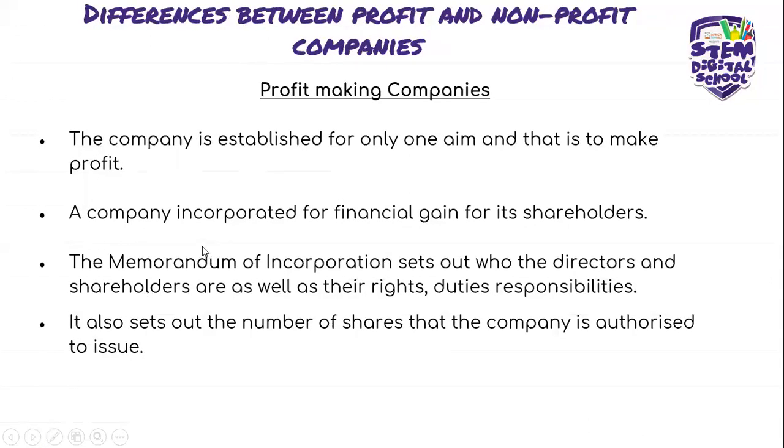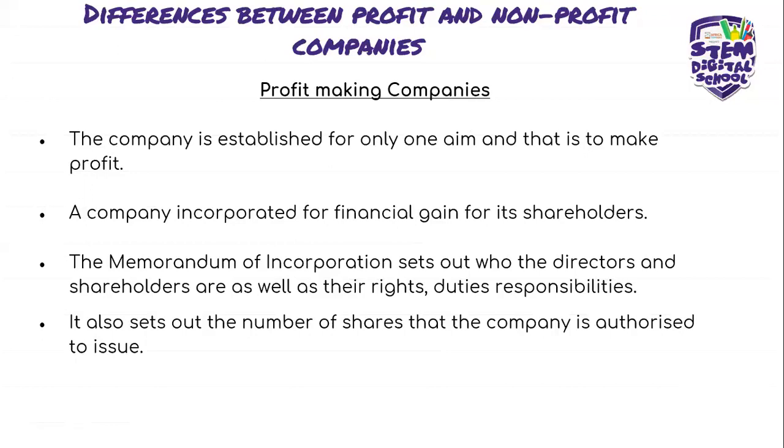All right. Now, I want us to look at the difference between profit and non-profit companies, right? Remember, we said the profit companies are the ones that are making money in return. Basically, your profit-making companies are there to make money. I know some of you yesterday were giving me the answers, because I said give me an example of profit companies and an example of non-profit companies.